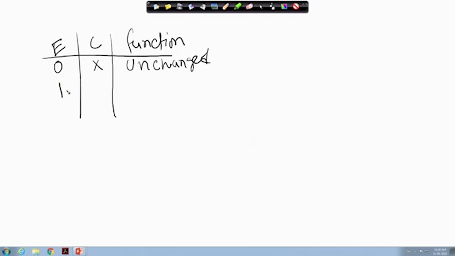Whenever E is 1 and C is 0, it will give me the 2's complement. When E is 1 and C is 1, I will get the 1's complement.